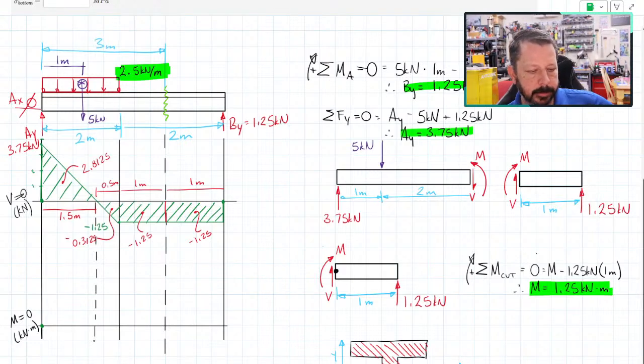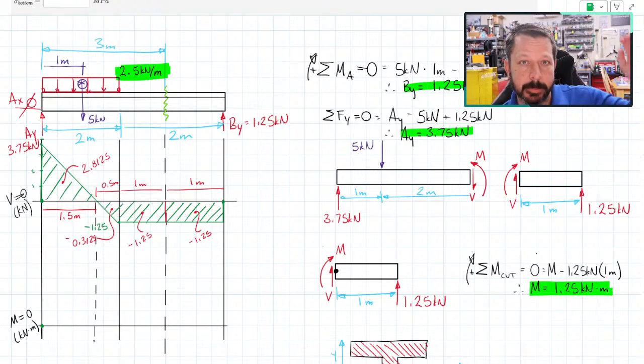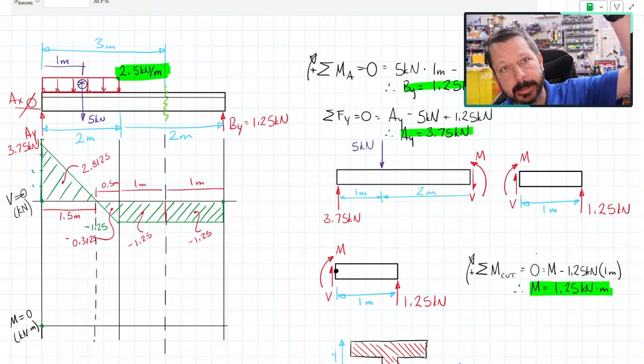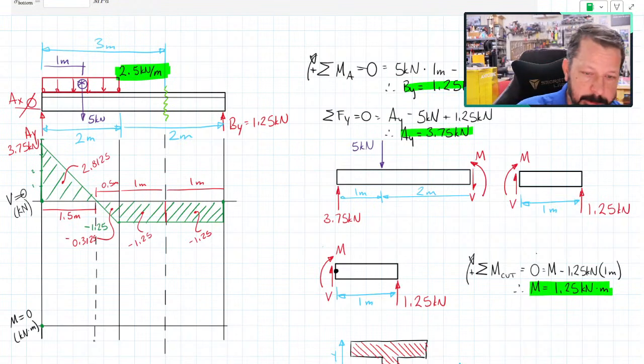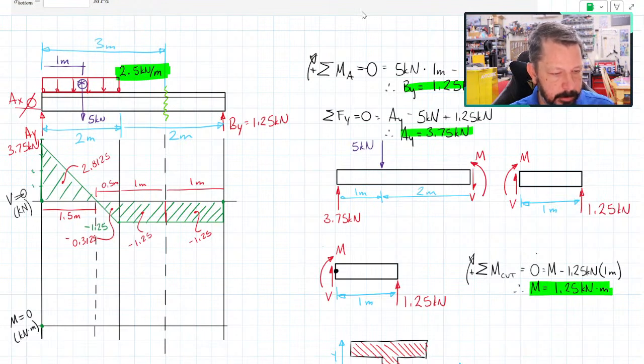I drew this little reference line because that's where the shear goes from positive to negative, where it crosses the 0 shear axis, and that's going to be a peak in my moment diagram. I'm going to go up to that, and then it's going to start becoming negative, so it'll go down again. So start at 0, I go up 2.8125. That's the area of the first triangle.